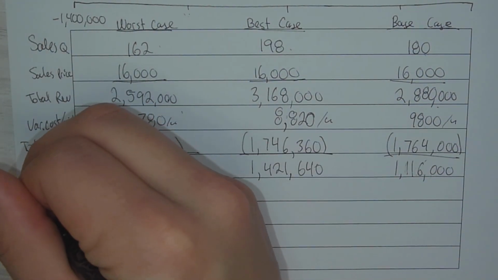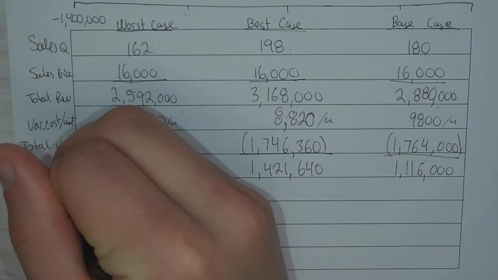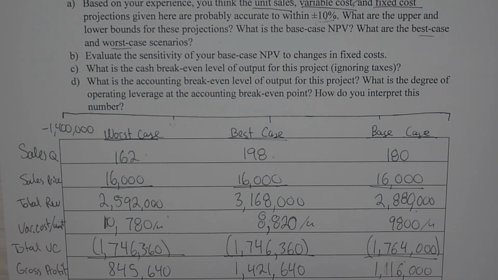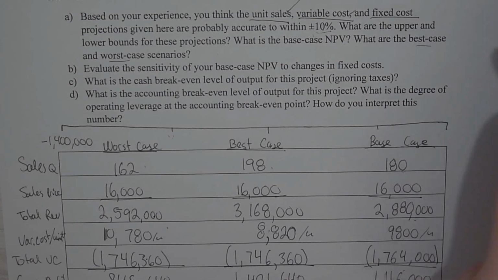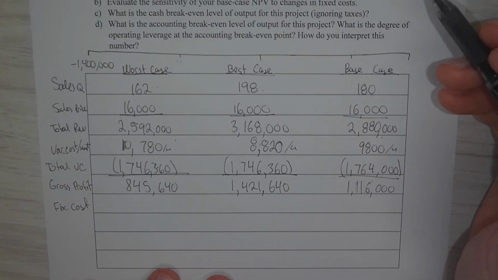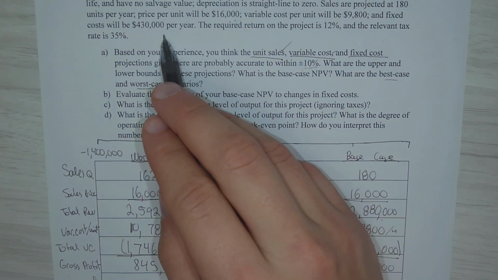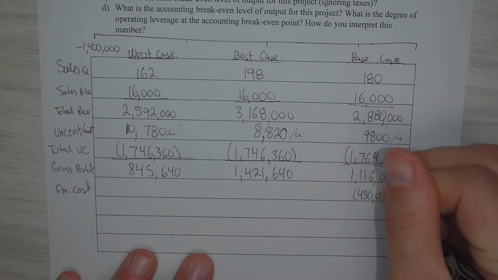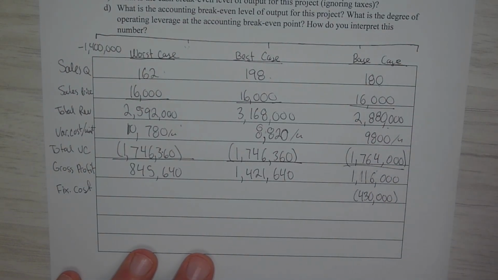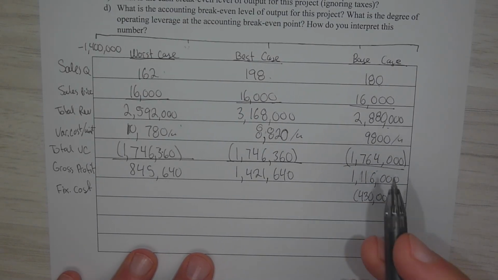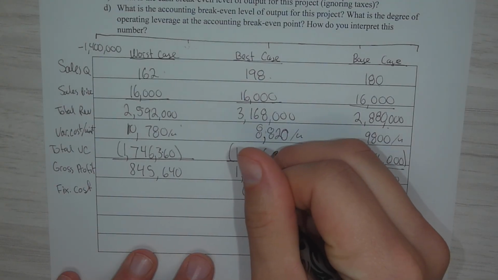And now we can go to our fixed cost. Our fixed cost is affected here by the best and worst case scenario. So our fixed cost in our base would be 430,000 here as it's listed. For our best case, it's 10% less than 430, so it's 387,000.